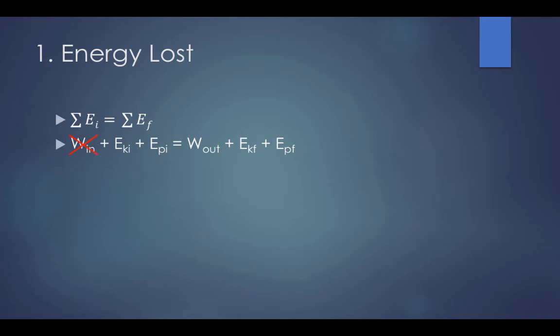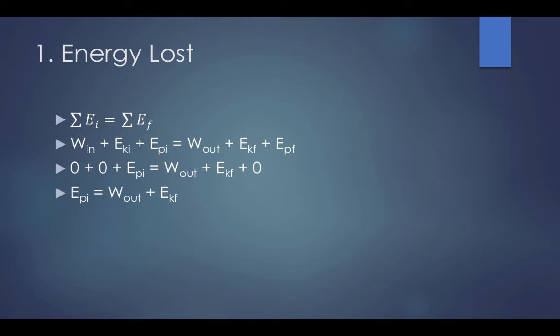The bike starts from stationary, so the kinetic energy is also 0. The bike proceeds down the hill to the bottom, where the height is 0, so the final potential energy is also 0. That makes the sum of energy equation 0 plus initial potential energy equal to work out plus final kinetic energy plus 0. The initial potential energy equals work out plus final kinetic energy.